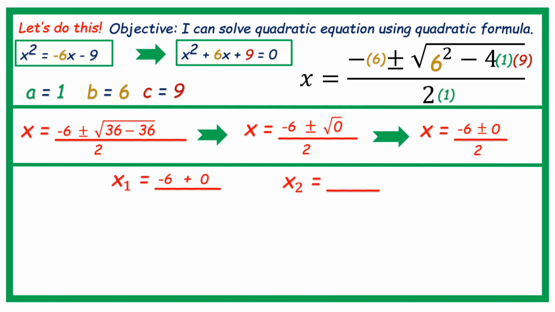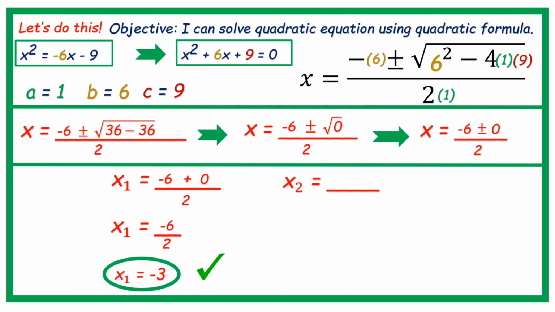Negative 6 plus 0 divided by 2. x sub 1 equals negative 6 plus 0, negative 6. Then copy the number 2. Our answer, negative 6 divided by 2 is negative 3. Our x sub 1 is negative 3. You got it. Just like that.